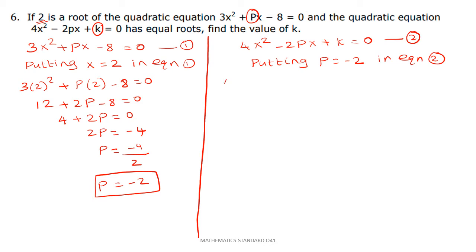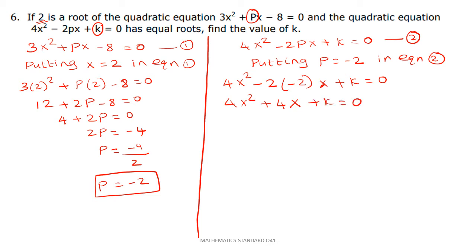Okay. So 4x squared minus 2. So be very careful with the sign. Already there is a minus 2 and the value of p is minus 2. Okay. Always keep brackets when you have negative sign. So 4x squared minus 2 into minus 2 will give you plus 4x plus k equal to 0.